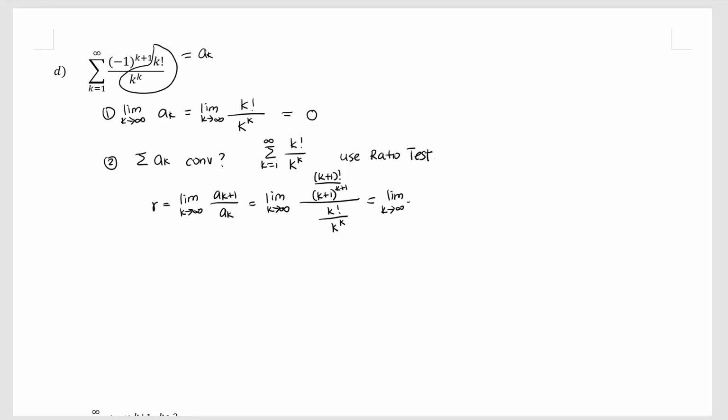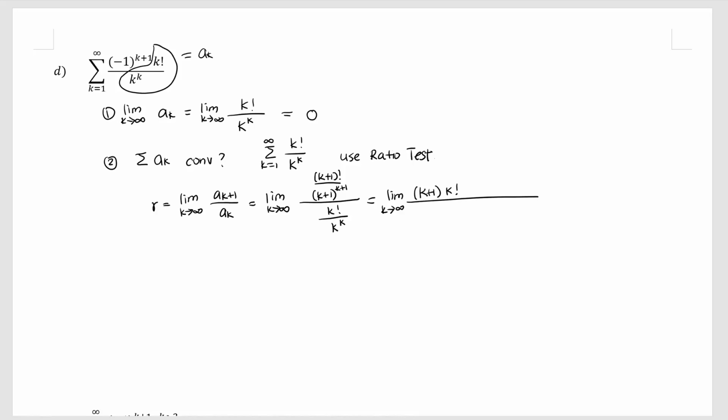Then we want to combine, so we can make it look nicer. Make it into a fraction, and we want to split the factors. How do we split k plus 1 factorial? Keep in mind, our goal is to cancel with some of the terms downstairs. So we split it as k plus 1 times k factorial.